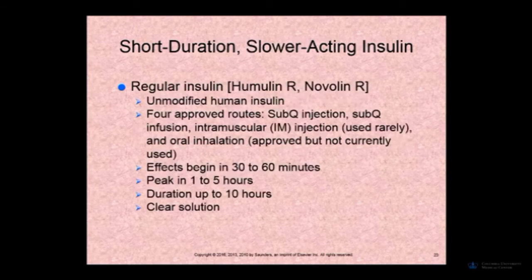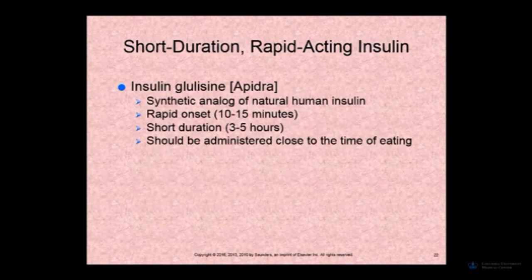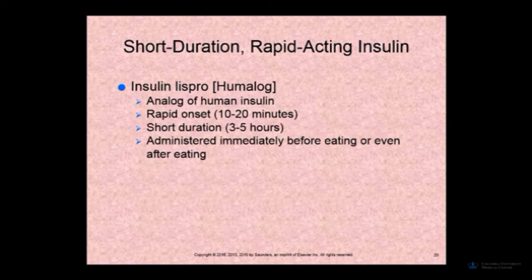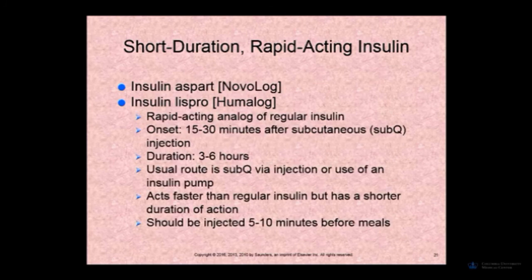Yes, ma'am. Lispro is listed on 2 different slides with slightly different info. Yeah, so this is actually aspart. The lispro information is here. I don't know why that's there. Sorry, I think that's a mistake. That shouldn't be there.